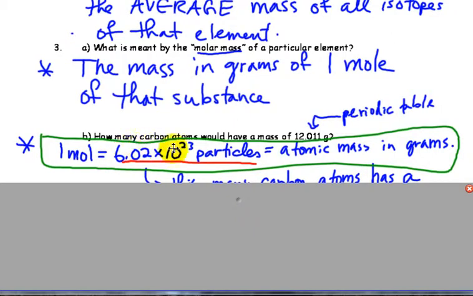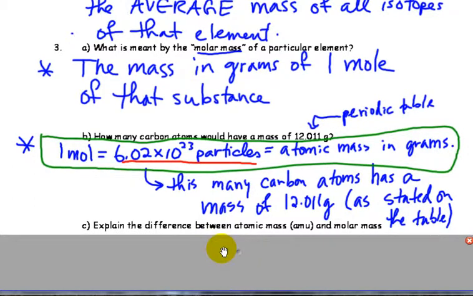So here I mentioned that. How many carbon atoms would have a mass of 12 grams? So if we look at that, 1 mole is 6.02 times 10 to the 23rd particles, and the big thing there is that is equal to the atomic mass in grams. So if you look at the periodic table, as I mentioned, and if you have a mole of substance, that number, you can slap a grams onto it, because that is what it would be.